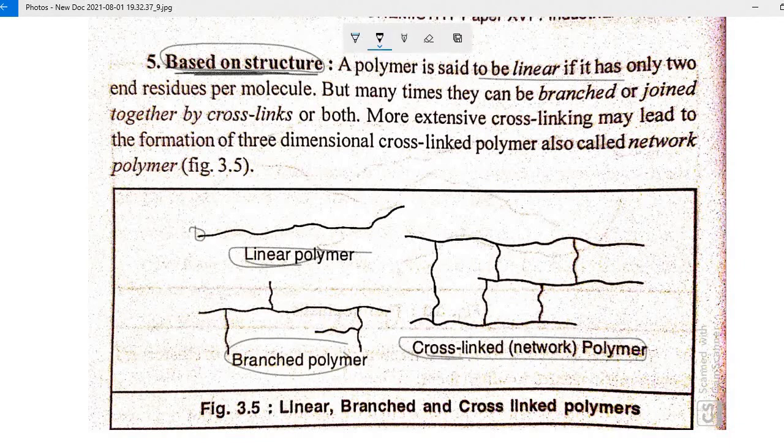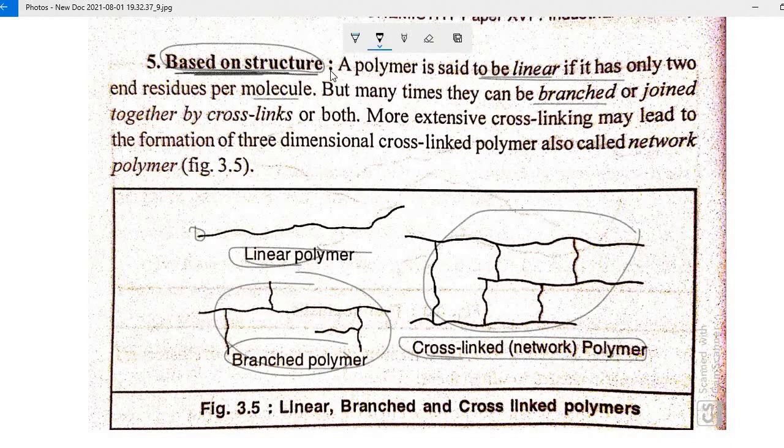सो दिस आर दी 3 classes or structures of polymers based on the structure. A polymer is said to be linear if it has only end residues per molecule. And the other structure is the branched polymer. So this is the linear polymer, this is the branched polymer, and this is the cross-linked polymer.